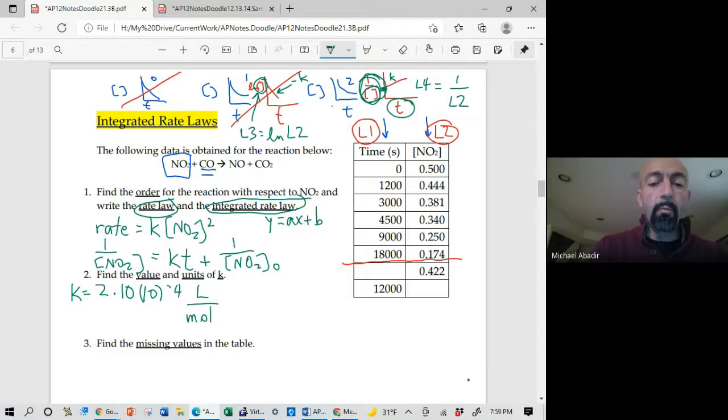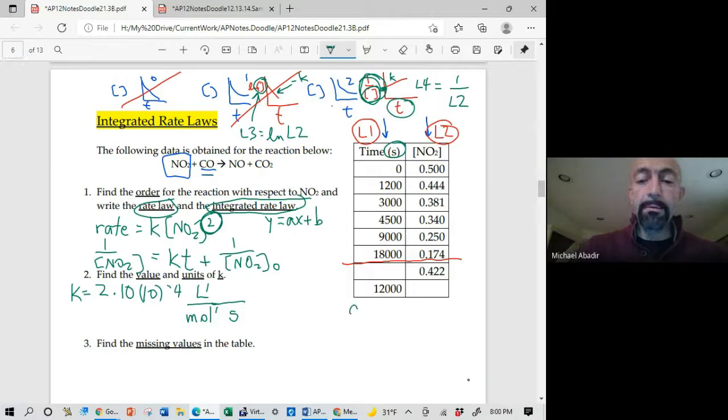We raise it to 1 less than the power total. Since it was second order overall, I raise it to 1 less, which is first. So you don't have to write the 1, of course. And then you do put the unit of time on the bottom, which in this case was seconds. We do not ever raise that to a power. So it's always just the plain old unit of time in that experiment. Okay, so this is the value in units of k.